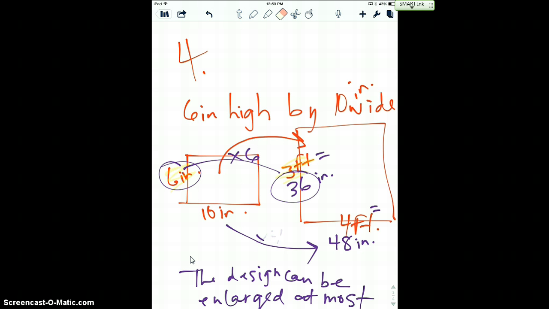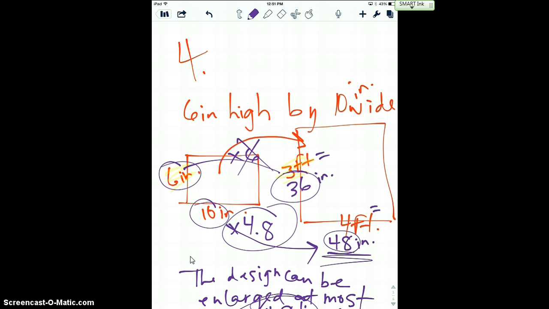I should get the exact amount right here. 48 divided by 10 is 4.8. So I can multiply by 4.8 there to get 48. And that means I can enlarge it at most by 4.8 times as much. That's what I want to use. Can't do 6. That's too much because this was only 4.8.